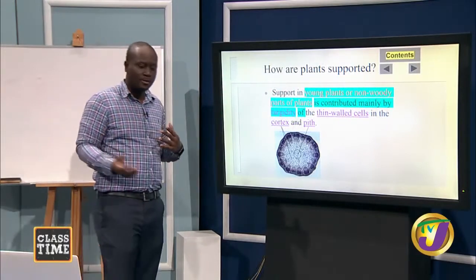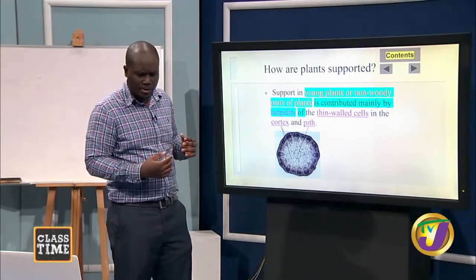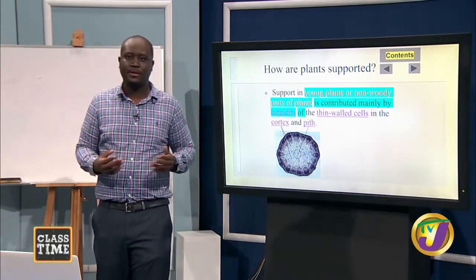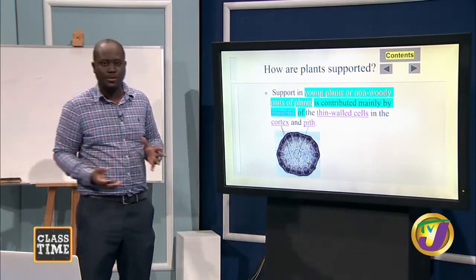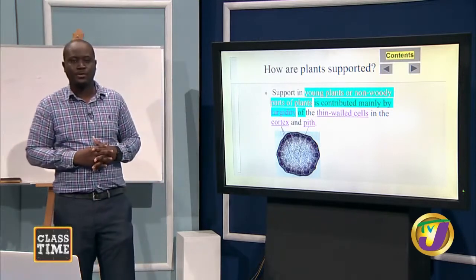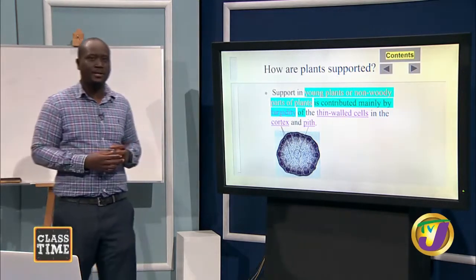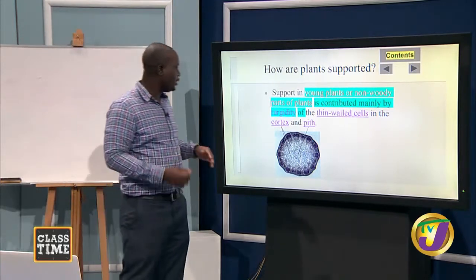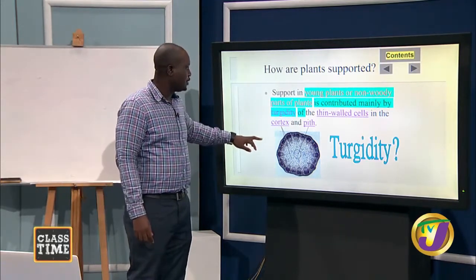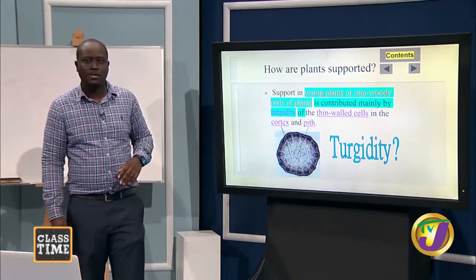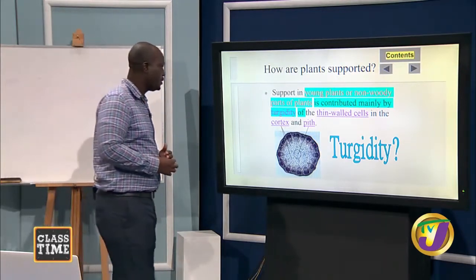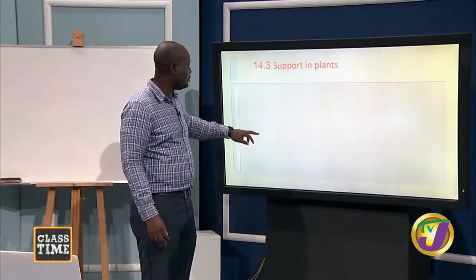So earlier in grade 10, you did transport of substances in and out of cells, and we looked at osmosis and diffusion and all of that, and we saw how water moves in and out of cells, right? So turgidity is one way how plants offer support, and that is by physiological means.